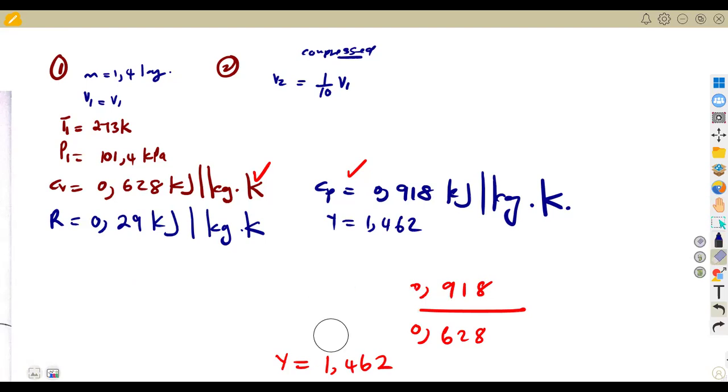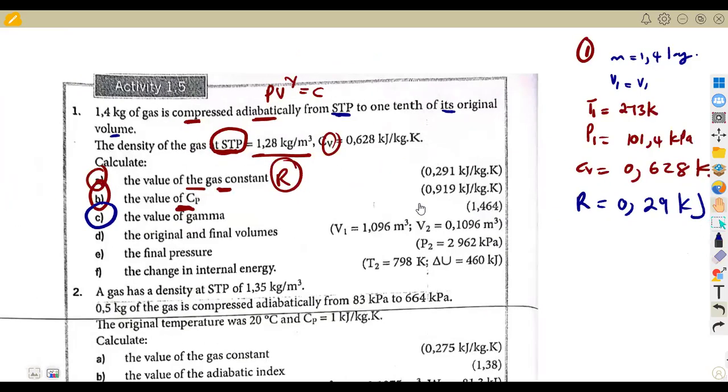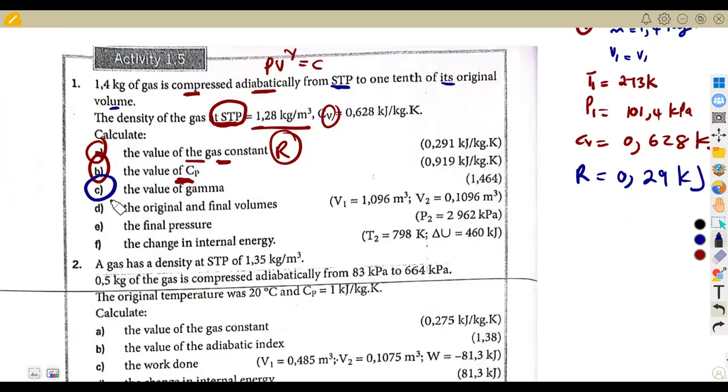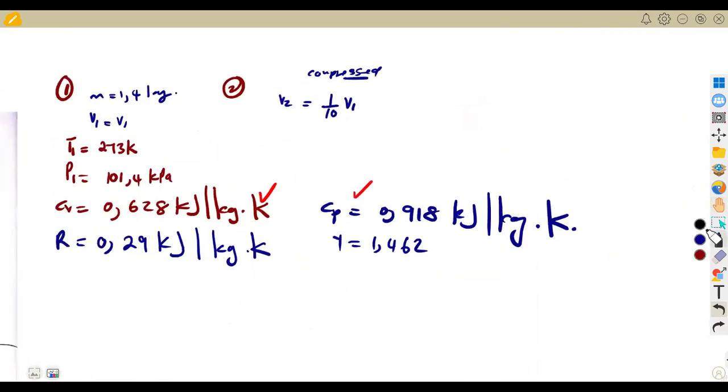All right. I had mistaken it for another question that we did where we can play with that formula, but we are going to need that formula definitely, we can't leave it. Next, the original and the final volumes. There we are supposed to determine the original volume and the final volume, that is V1 and V2. Take note, the density and the volumes that we talked about, and the mass, they are out.